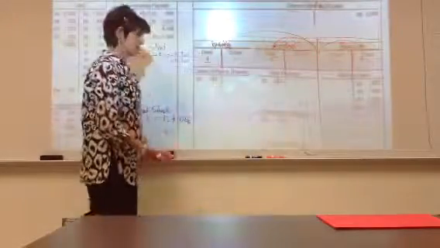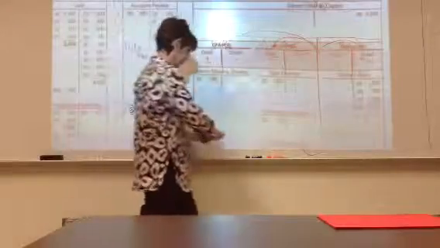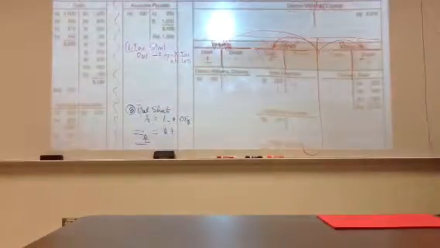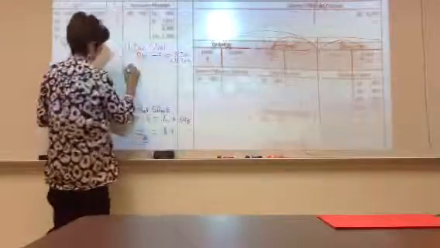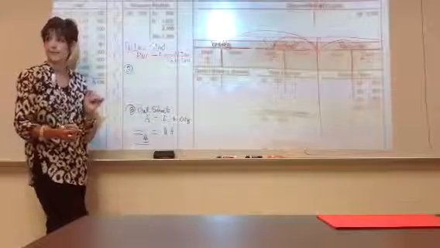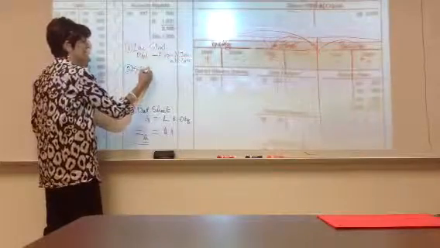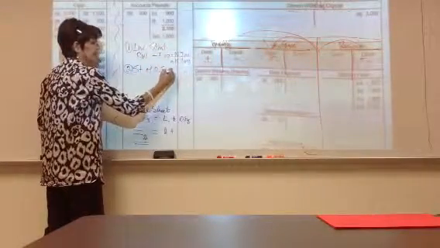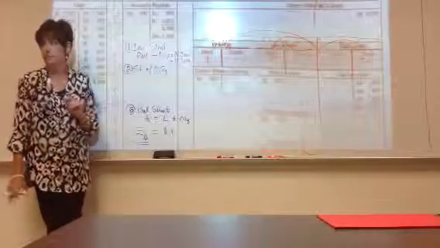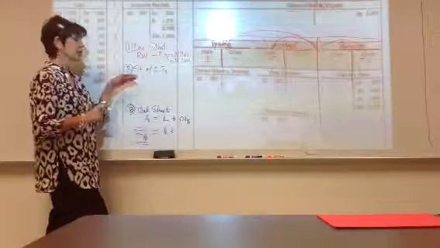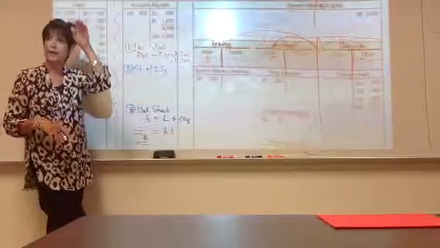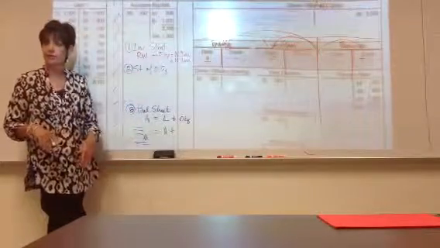The second statement, well, let me get a different color here. Maybe this will work. The second statement is going to be my statement of owner's equity. On this statement of owner's equity, I'm going to start at the very beginning of the month. What did I have when I started this business?